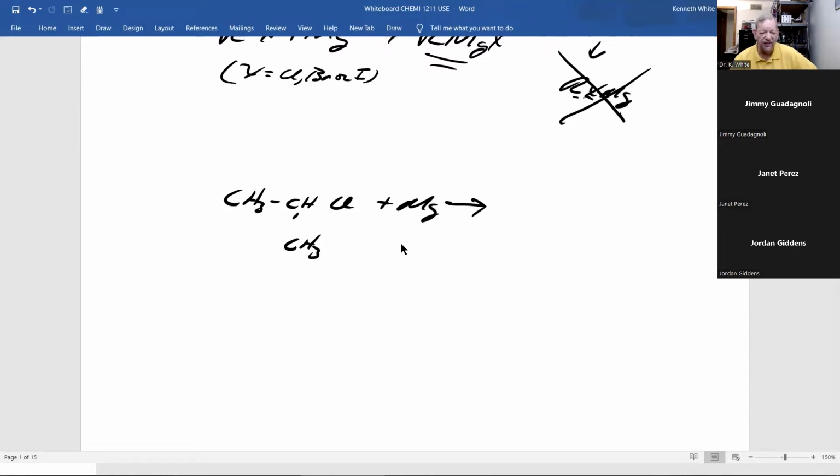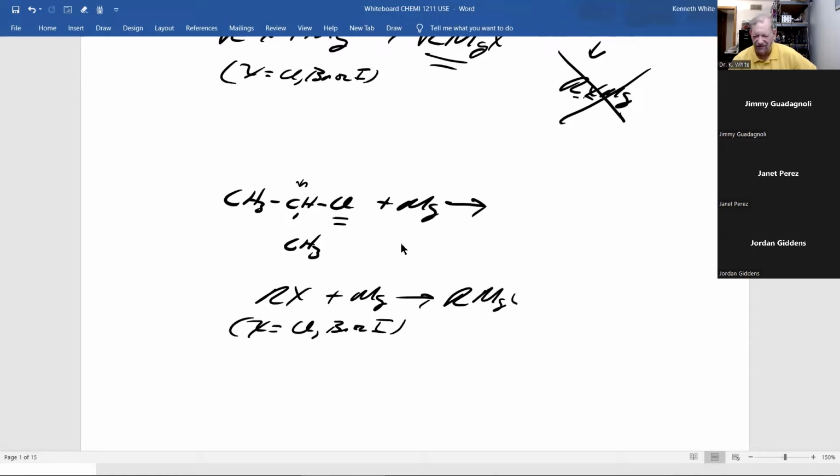What do we have here that's different? Ooh, a halogen on a carbon, and that's an alkyl halide. X can be chlorine, bromine, or iodine. Add it to magnesium, and you get the Grignard reagent. And what's our isopropyl?